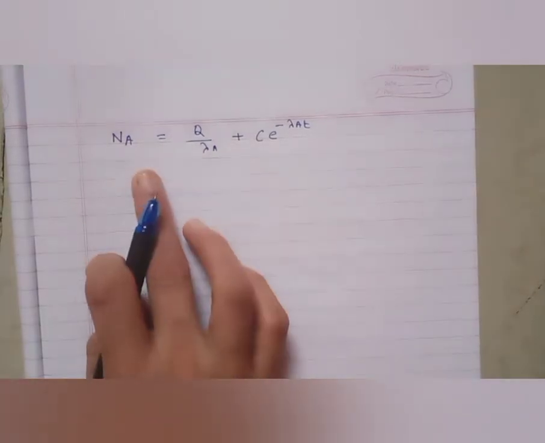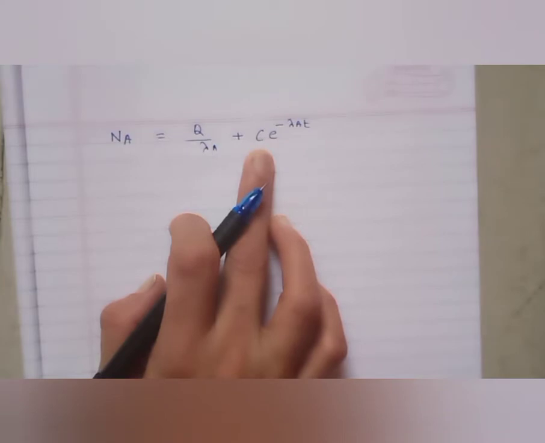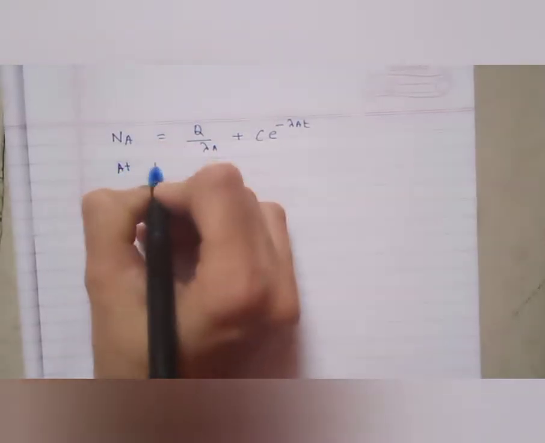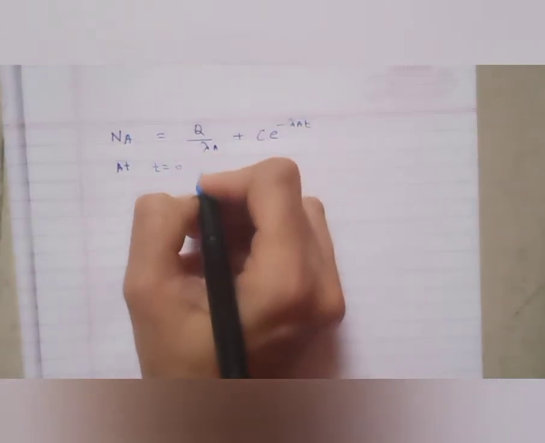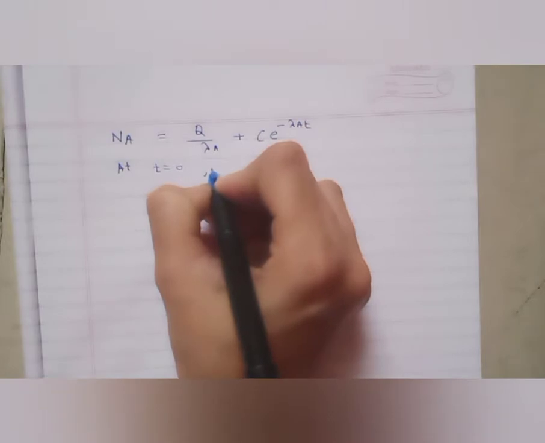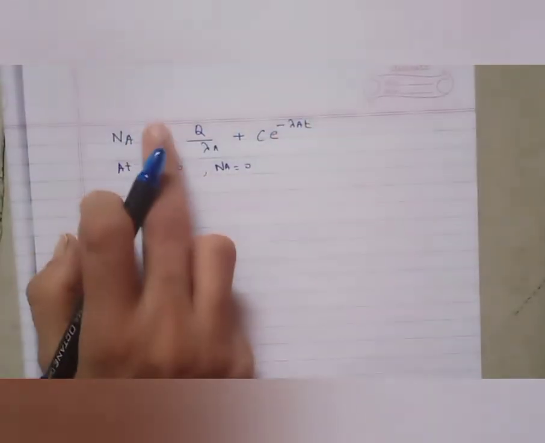Now what we have to do is find the value of this constant. If we want to find the constant, we always put in the initial condition. Initially there was no atom A, it started forming. So if we consider the initial time, that means at t equals 0, A had just started being produced, so the number of atoms of A was not there, so Na equals 0. We will substitute these values here.